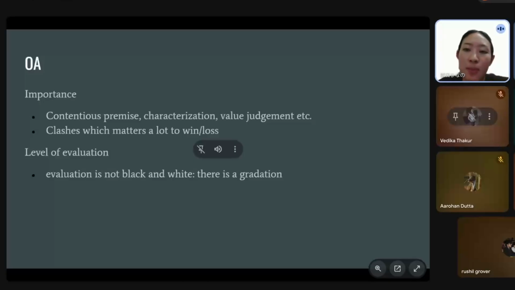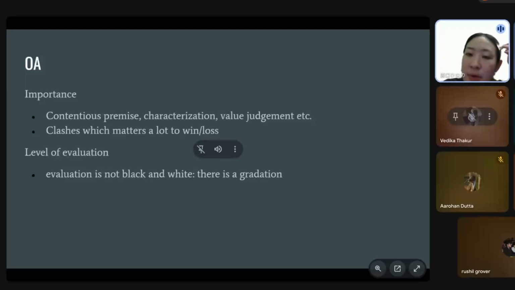So the first thing is about importance. Because the OA also has a time restriction, you cannot touch every single material, and you cannot explain to the same degree for all arguments. That's why you have to prioritize arguments in the class. You can prioritize contentious parts, for example, contentious premises, characterization, value judgments, etc., which oftentimes matter a lot to win or loss.